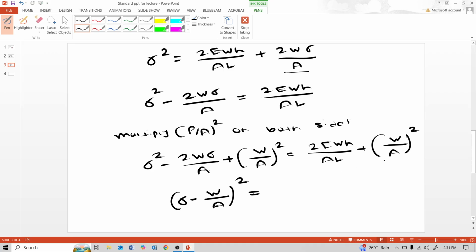Take this W by A square to this side, plus 2EWH divided by AL.